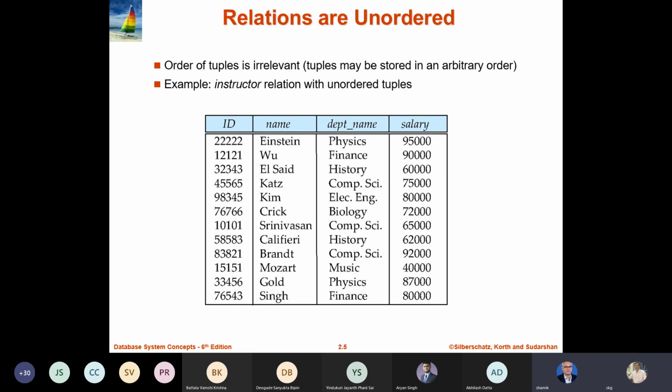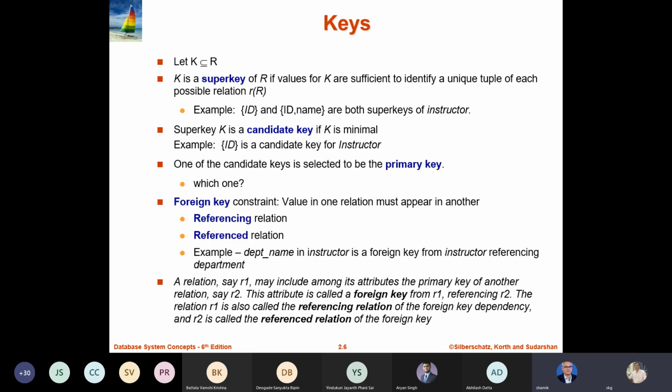So ID, name, department name and salary all together make a unique thing, absolutely, because there is no repetition of any tuple. But that may not be an elegant way. You may say that the ID is also not repeated, ID may be there, ID and name can be there, right?